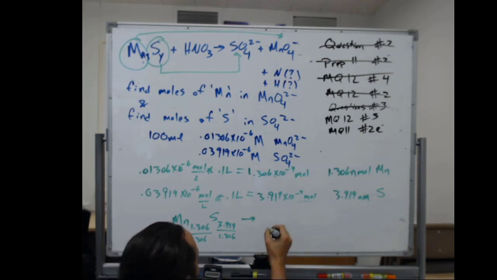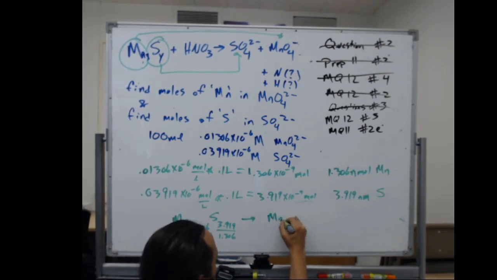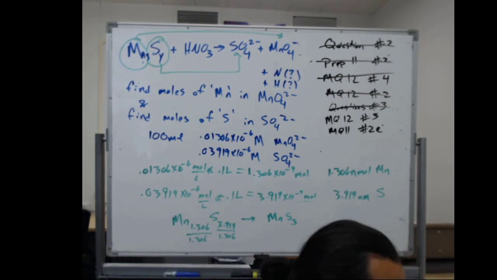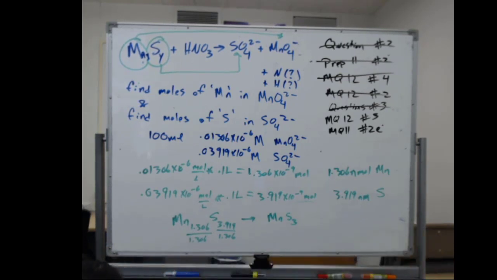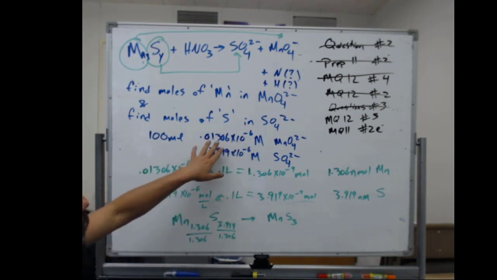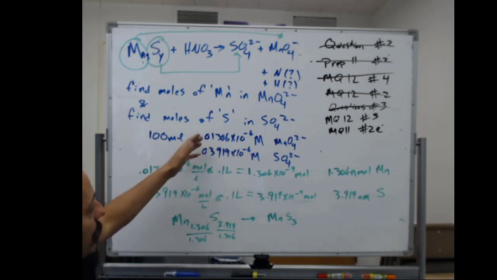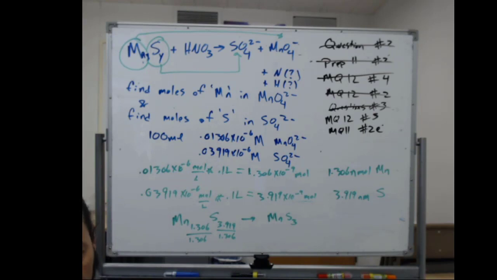Dr. Erker, I have a quick question. Sure. My molarity is actually showing in micromoles. Did you convert it? Yeah, I did, I converted it in my head real quick. 0.01306 micromoles is the same as 0.01306 times 10 to the minus 6 molarity.